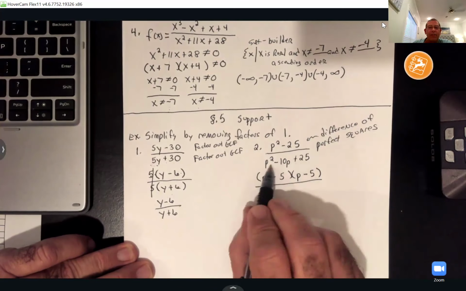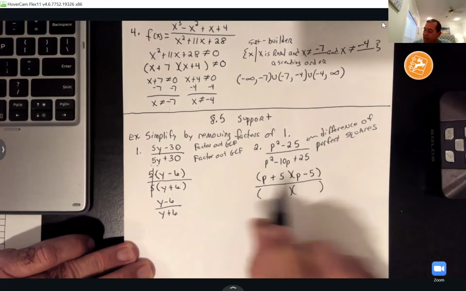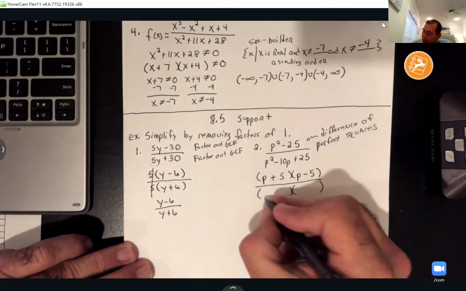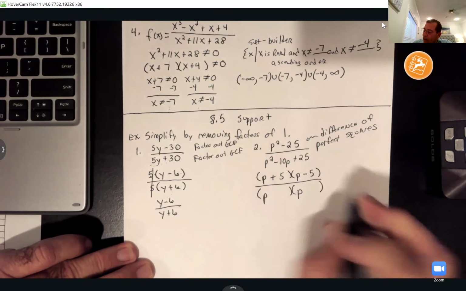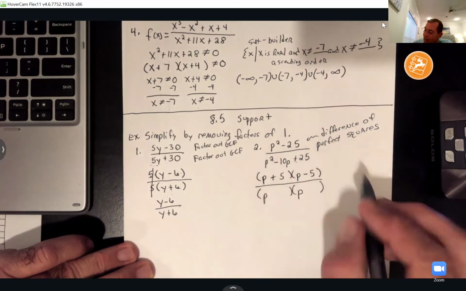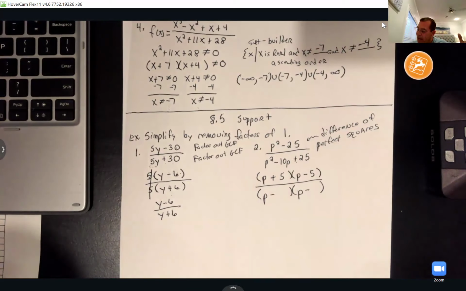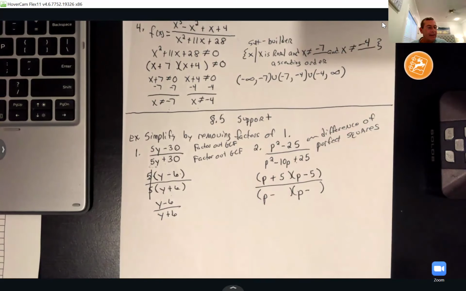All right, y'all, the bottom is a trinomial. We know it's going to factor into parentheses. P squared will be a P and a P. Last one's positive, so both factors will be negative like the middle. So what factors of 25 add to get me a 10?